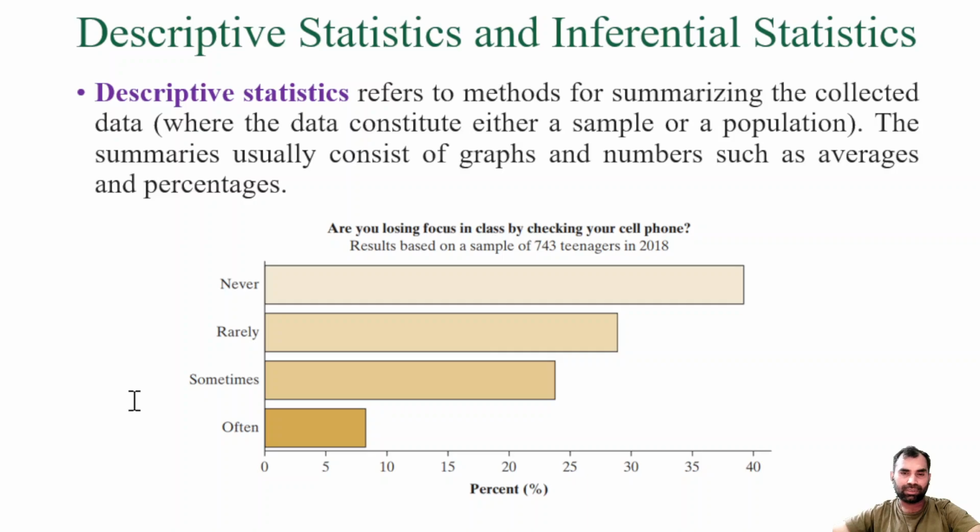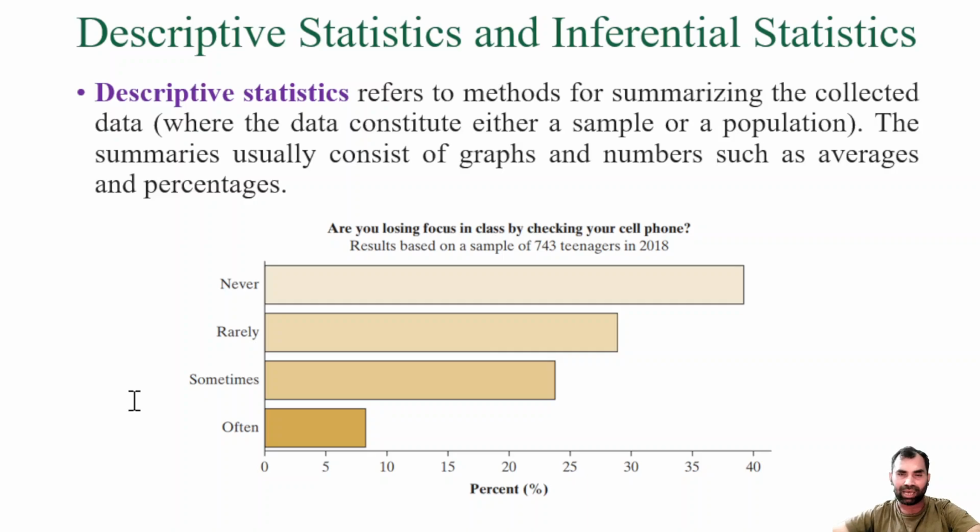For example, in a data set we have two types of measures: measures of center and measures of dispersion. Measures of center means that we calculate the mean, median, and mode, and measures of dispersion means that we compute the standard deviation and variance of the data.